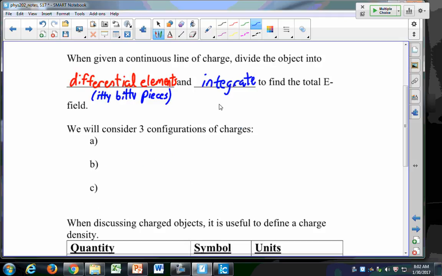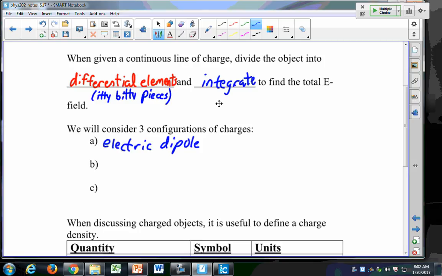And so we're going to consider three configurations of charges. The electric dipole, and this one is actually going to be quite a bit different from the other two, which is why we're going to do it here. But it's important. You're not going to see the electric dipole on the exam, or henceforth you won't see it. But it's an important charge configuration because electric dipoles occur a lot in nature.